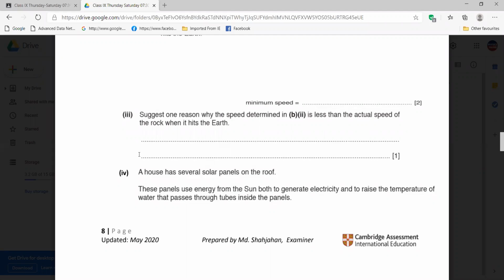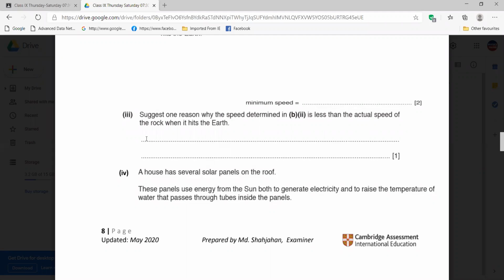But if there is no heat lost in the surroundings, then you could get even more, right? That's why you got less heat energy in the calculation. And as you got less heat energy in the calculation, you got less speed in the speed calculation, right?